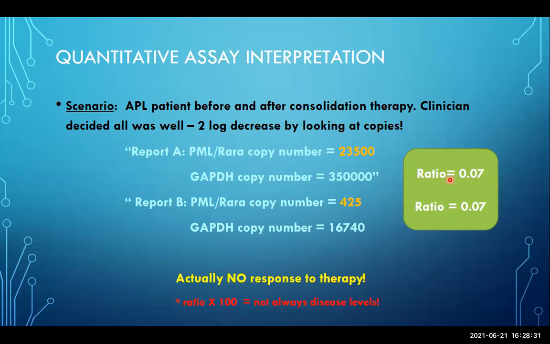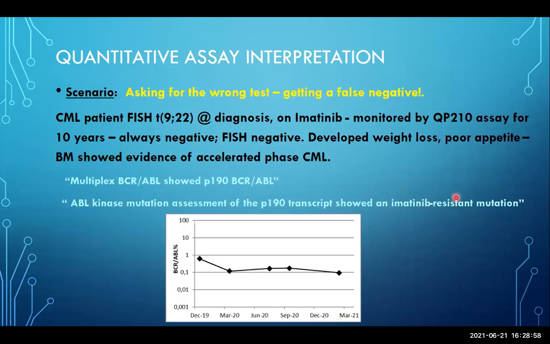That only works in a case where the transcript and the housekeeping gene are 1-to-1, which is very unusual. So please don't ever interpret that ratio, other than BCR-ABL, as like a 7%, for instance. This is really dangerous, because the clinician had decided that the patient was doing fine, and yet there was no response at all. So that was not good.